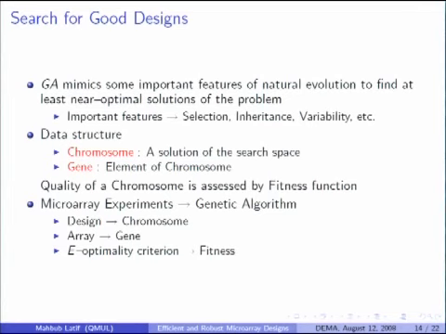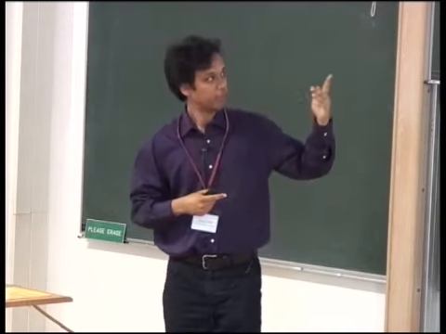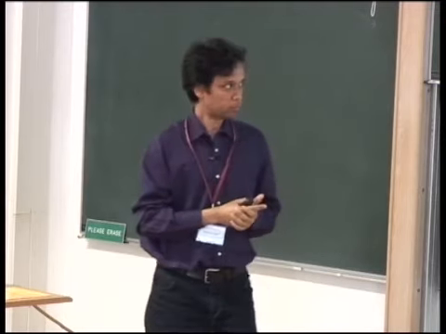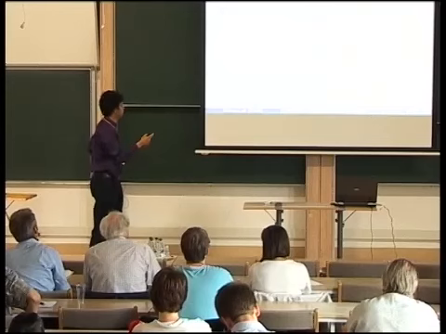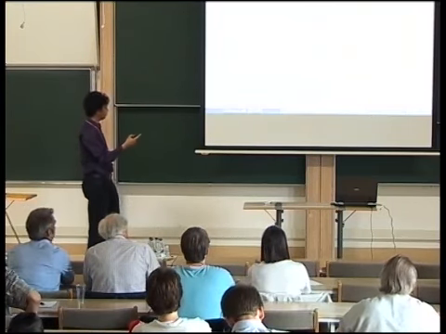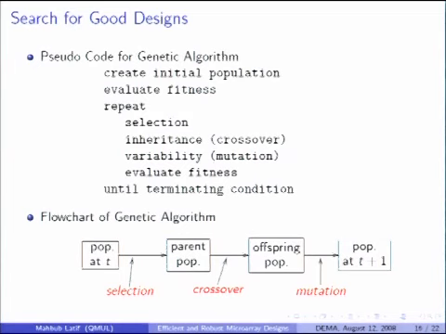To quantify the quality of your chromosomes, the function they use is called the fitness function. So now I can define those elements of genetic algorithm for my problem. In my problem, design is the chromosome, elements of design are arrays, which are genes, and the fitness is the E-optimality criterion.